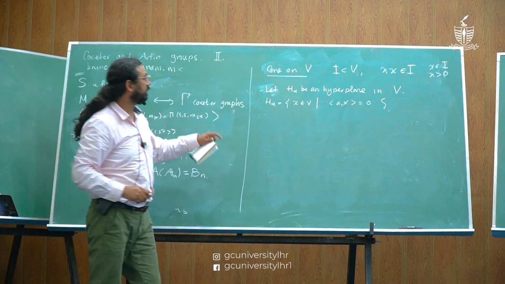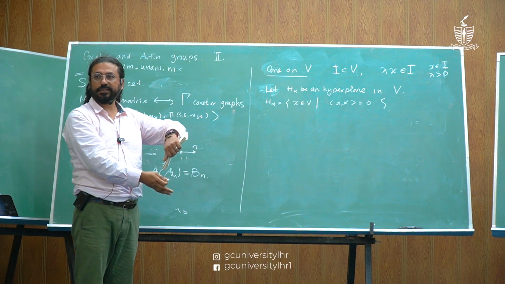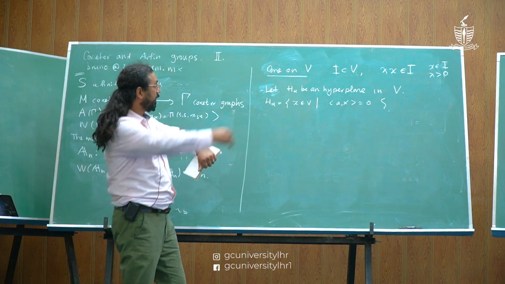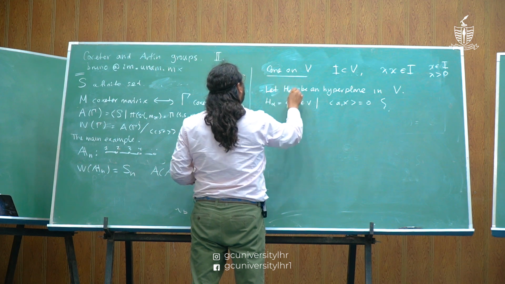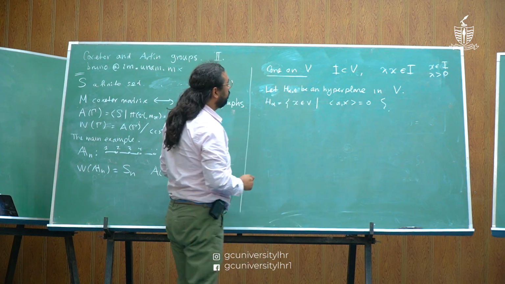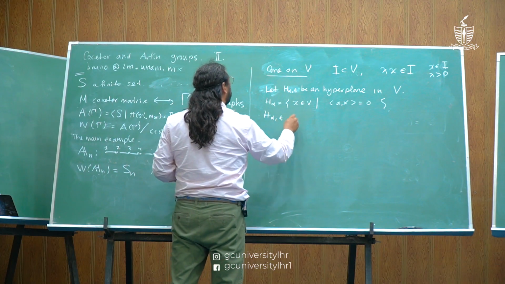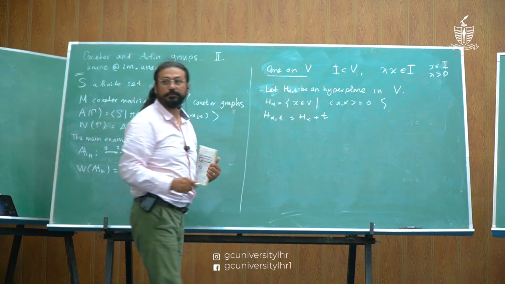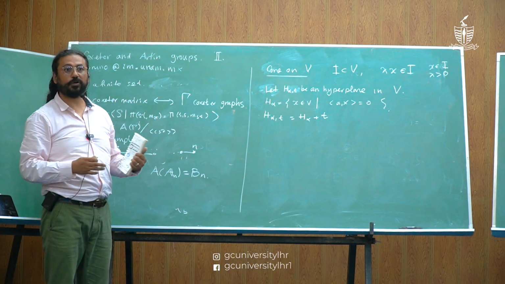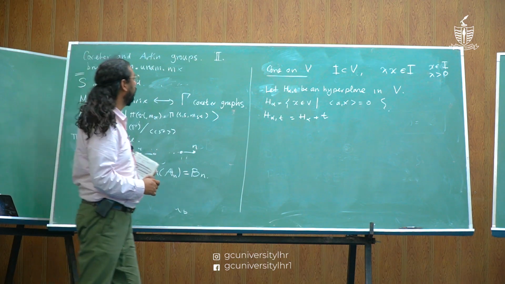This is if it is homogeneous, right? But then we can translate it, no? So I will need two ingredients, alpha and a translation. So H alpha T will be H alpha plus the translation.